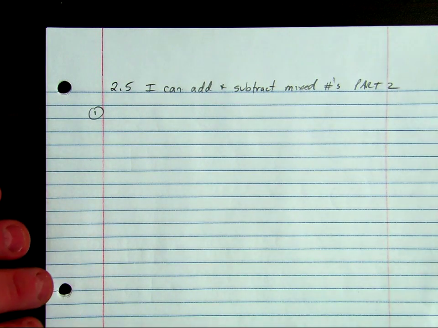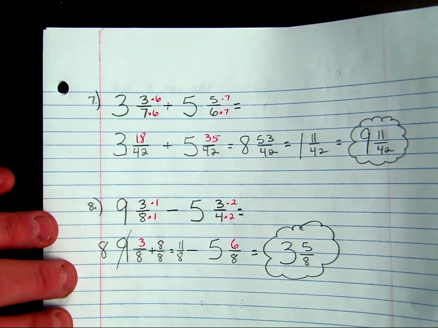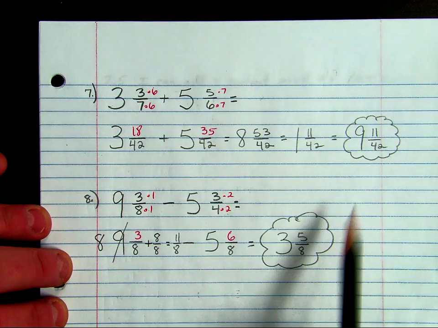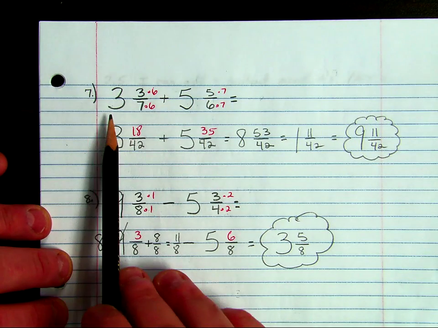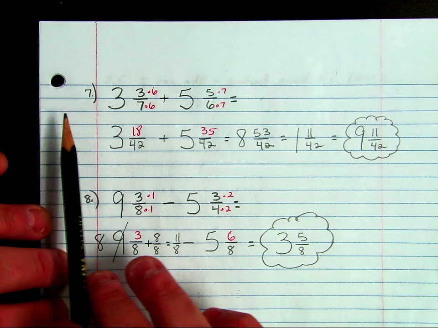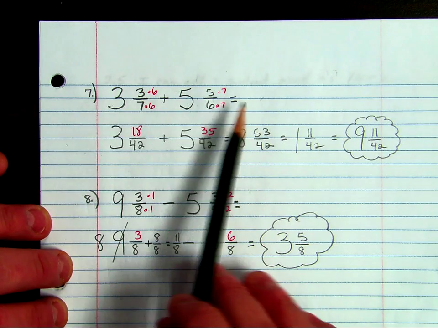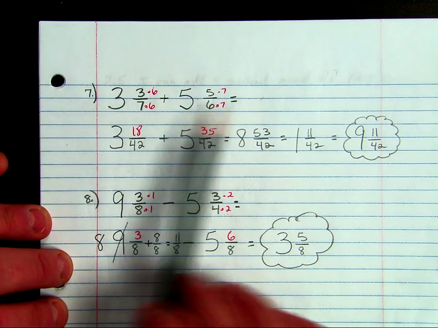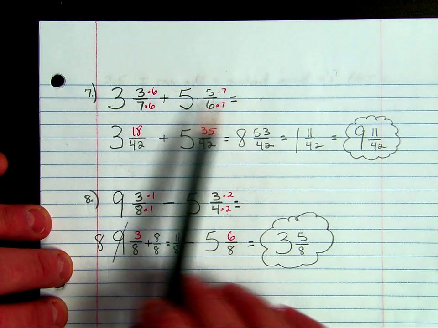Now, on yesterday's notes, you'll see that all the problems that I gave you were horizontal. You worked left to right. And that's fine. If this is the way that you like to do your fractions and mixed numbers, please do that.